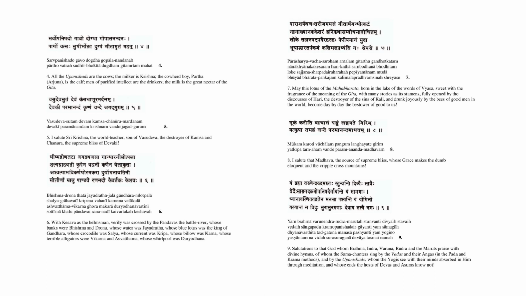Even Keshava has a lot of meanings. Keshava comes in many places, like in Vishnu Sahasranama. If you ask scholars, they can give at least 100 meanings to it. One of the meanings is, why is Krishna called Keshava?